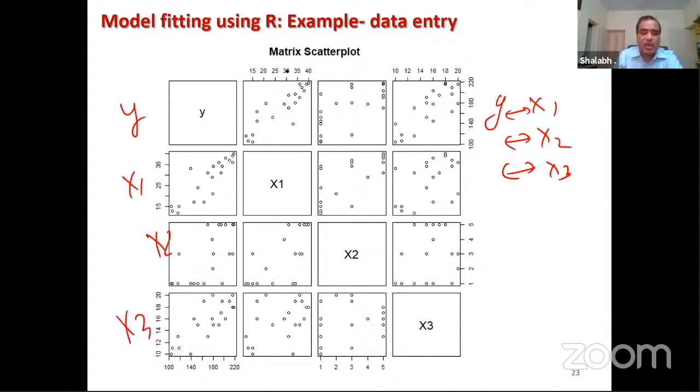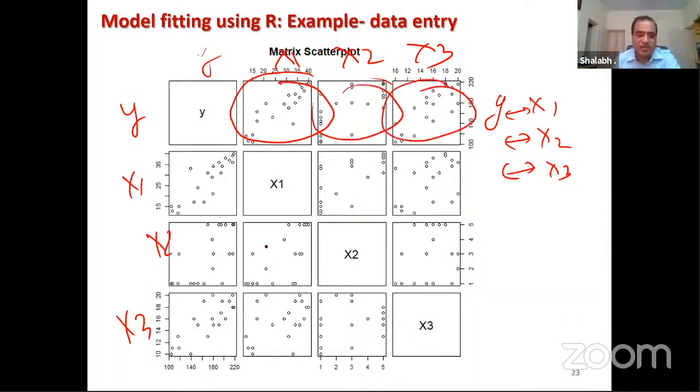This is a plot between y and x1, this is a plot between y and x2, and this is a plot between y and x3. Similarly, this is a plot between x1 and x2, and this is a plot between x2 and x3.